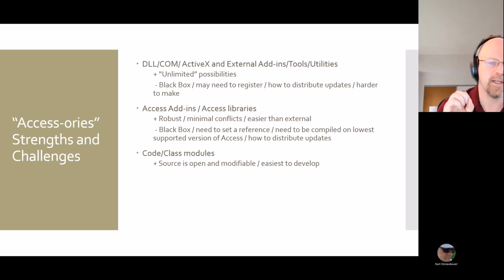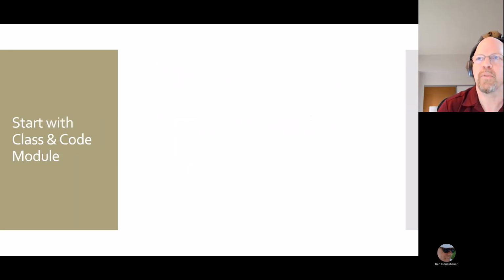That might be a perfect candidate to just drop in as one of these class modules or code modules. Again, the biggest challenge here is going to be conflicts. We could start anywhere, because this is just open discussion, but it seems to me that class modules might be an ideal place to start, and I'll show you an example in a second.